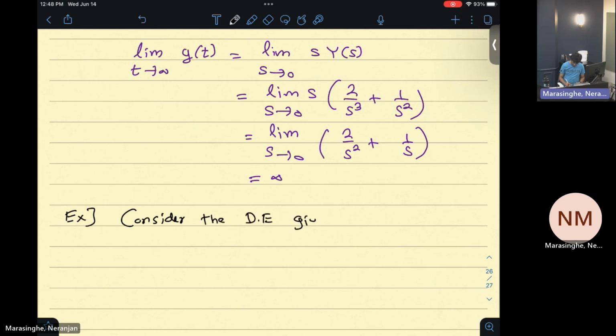The equation is given by dy over dt plus 2y is equal to sine omega t with y(0) equal to 1.